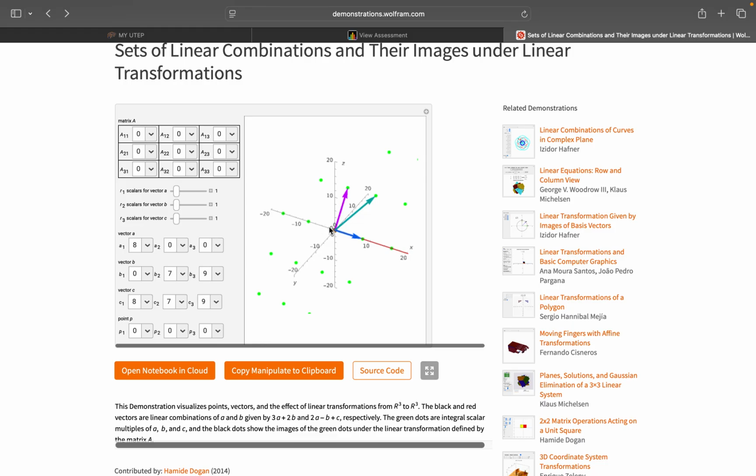So we can see that it would go 8 and then plus 7 and 9 going in the c direction.